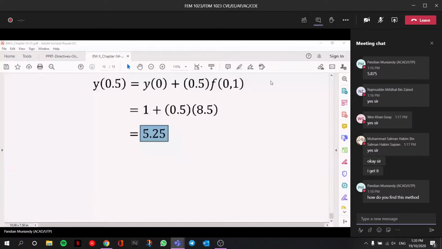X, Y. When x is 0, y is 1. X 0.5, y 5.25. When x is 1, y is 5.875. Now, can we do at x 1.5? One more round. So, at x 1.5. Can you calculate now?